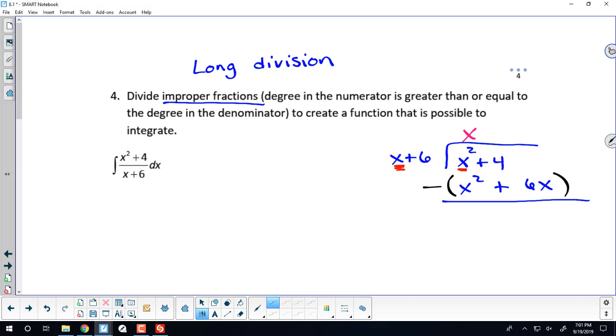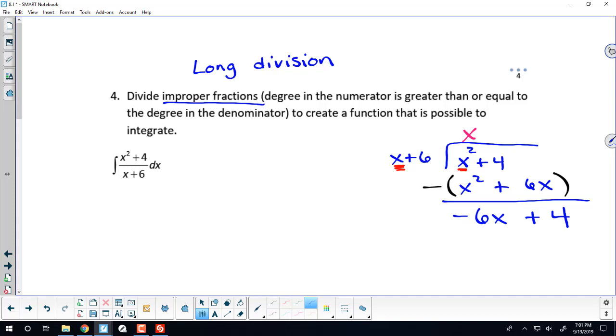And so we have the x squared minus x squared, 0. We have 4 minus 0, and we have minus 6x. So we have our minus 6x and our positive 4. Since our divisor goes into this, we need to divide again.